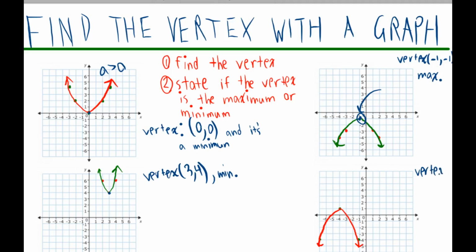Vertex, -4, 1. And is this the highest point or not? Yes, it is, because anything beyond this point is just lower and lower. So this point here is the vertex, it's the maximum.